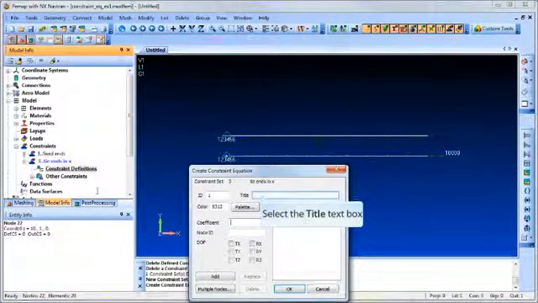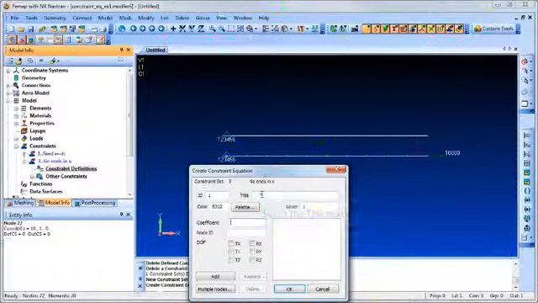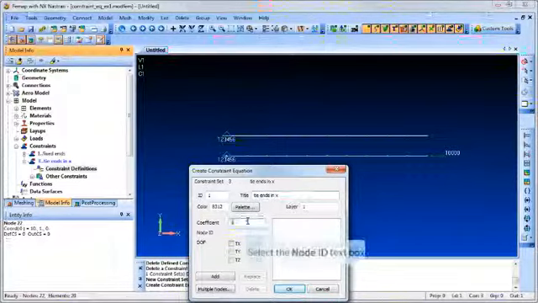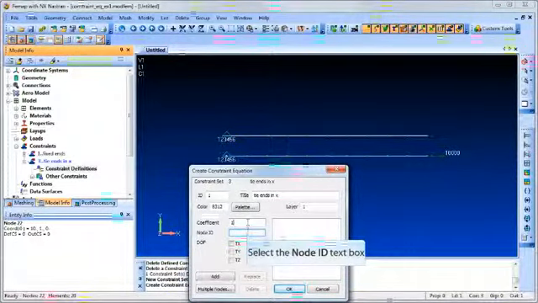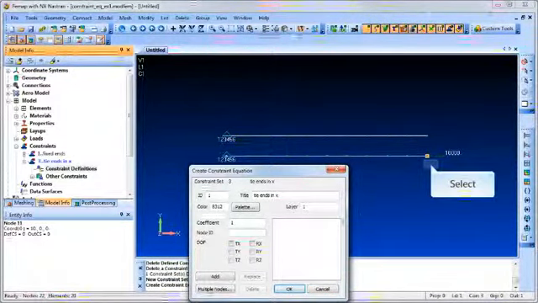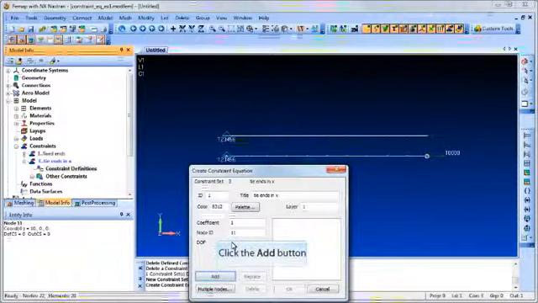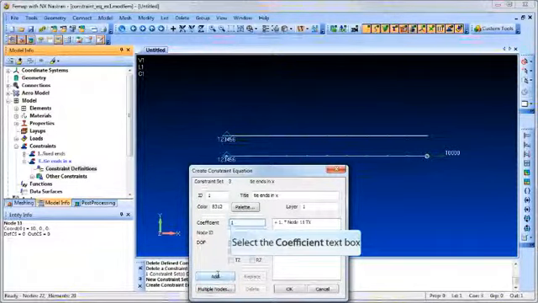Now we enter the coefficient, select the node, and check the desired DOF direction at that node. Now repeat this process for each term in the equation.